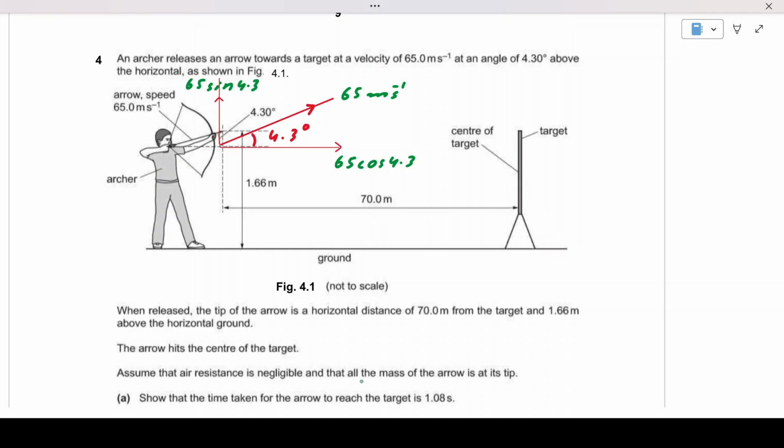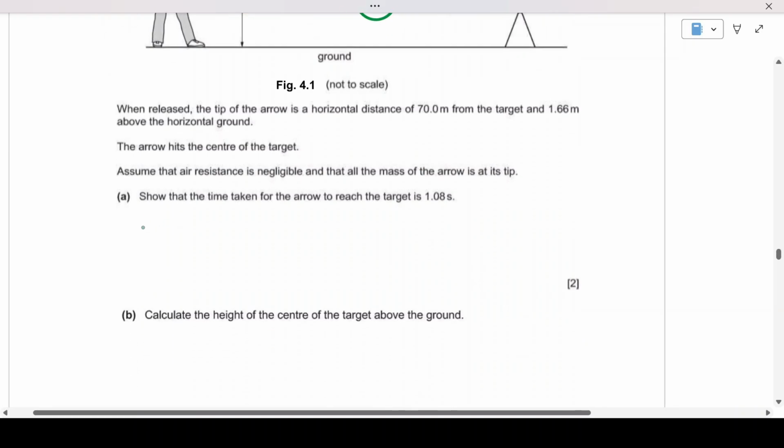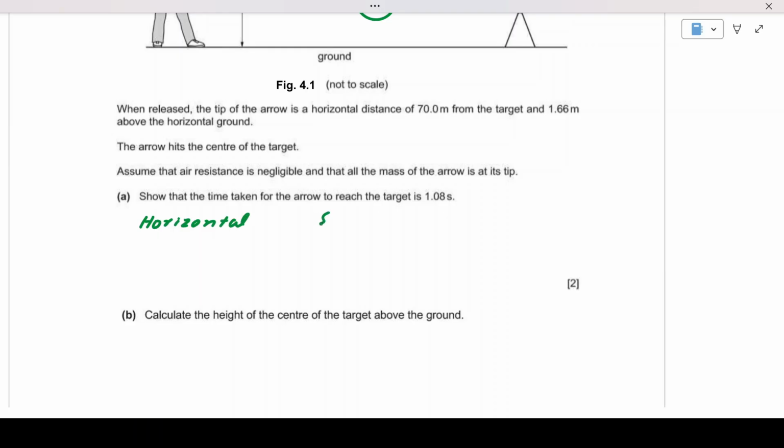Okay, time to reach the target. We know the horizontal displacement also, so we can use the single equation for the horizontal motion. Displacement equals velocity into time, or time equals displacement over velocity.